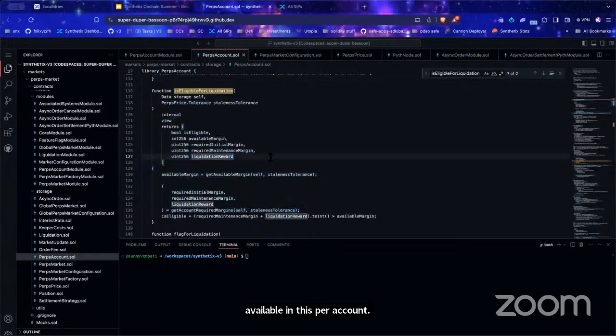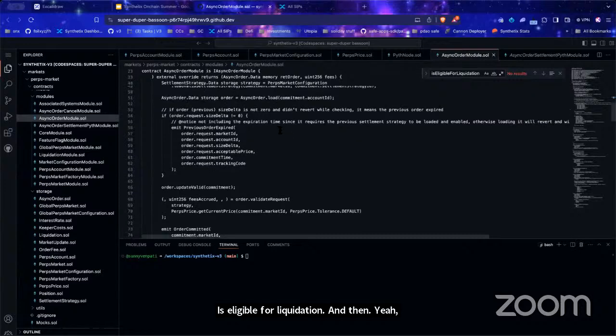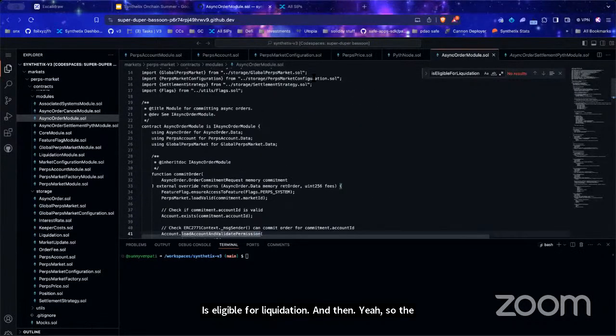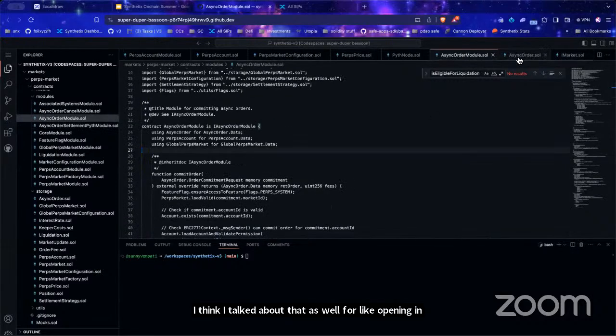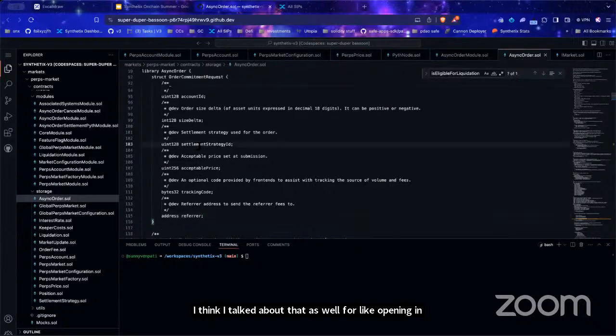And then the parameters to send in, I think I talked about that as well for opening an order. There are some defaults like the settlement strategy that I mentioned, the strategy ID. This basically determines a lot of actually, we should take a look at that.